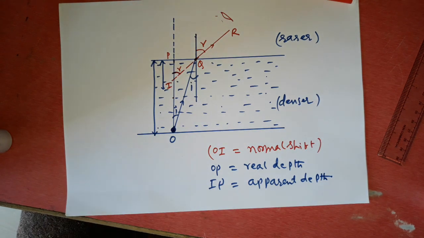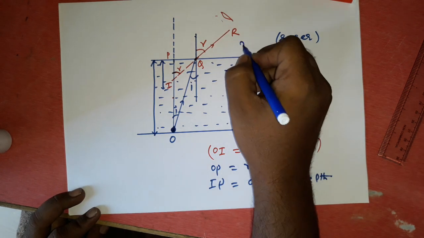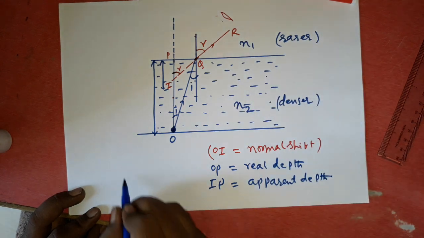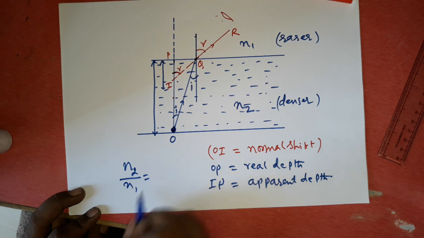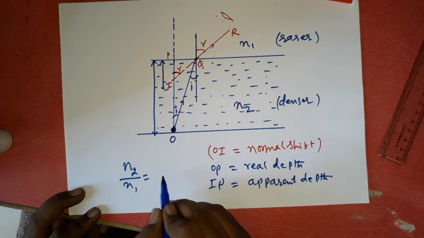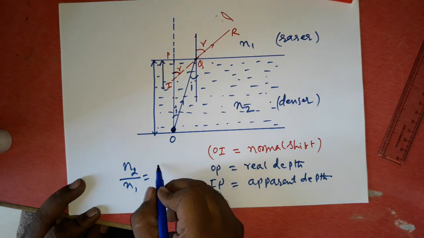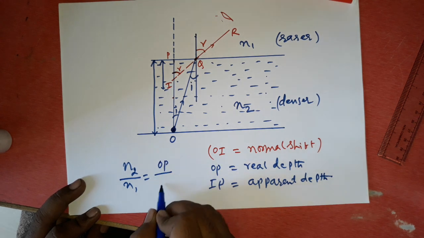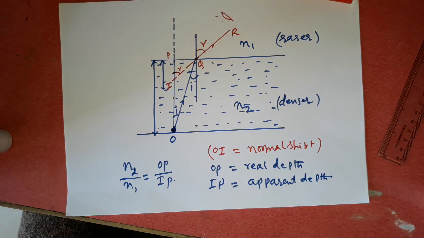Here we studied the definition of refractive index. The refractive index of this medium with respect to this medium is N2 divided by N1. This refractive index will be given by real depth by apparent depth. That means it is given by OP by IP. This we studied.